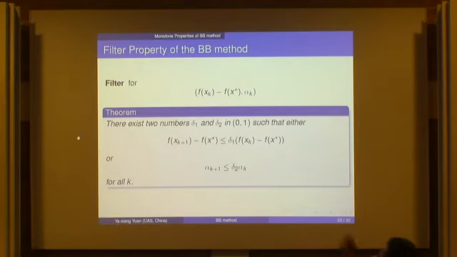So I define what I call the filter method. Roger Fletcher was one of the experts on the filter method. I was able to show that either the function residual will be reduced, or the step size compared with the previous one will always be reduced. So each of these, either one, will be reduced.